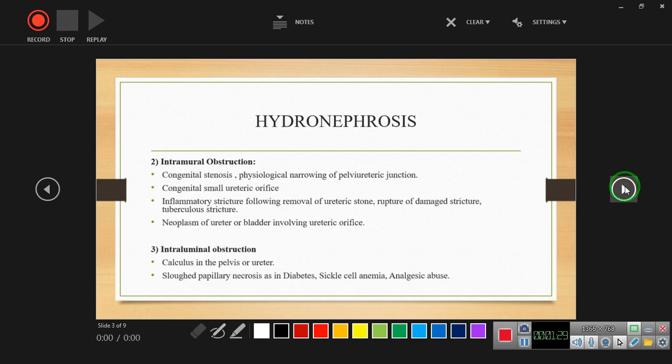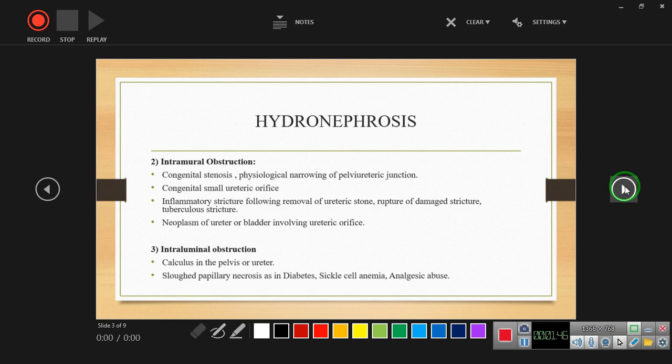Number two is intramural obstruction. Intramural obstruction means the obstruction is from within the pelvic-ureteric area.